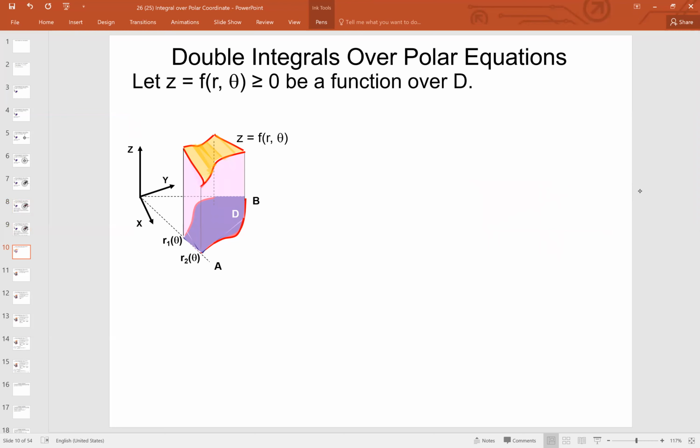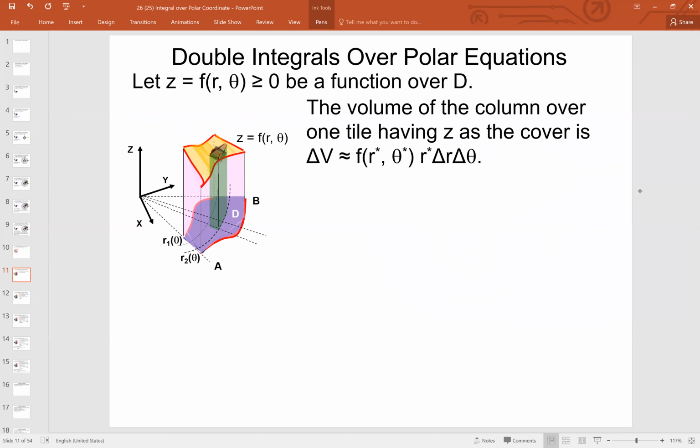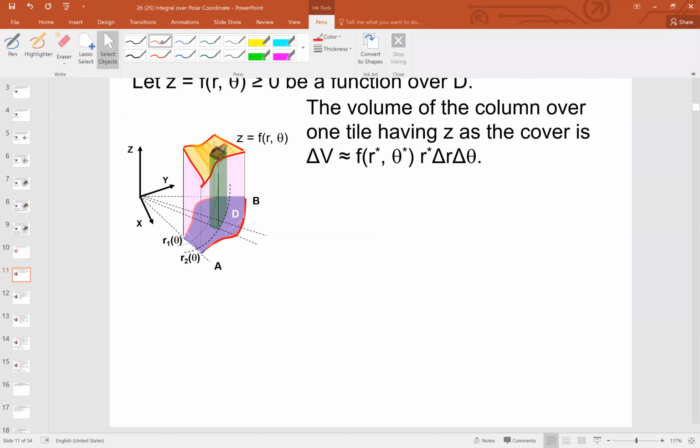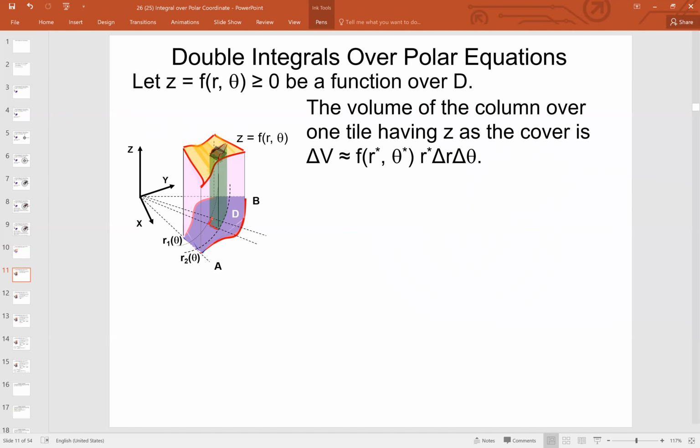So suppose we have a function now defined over the polar plane, the xy plane in polar coordinates, and I want to calculate the volume of the underneath surface. So what we do, we partition the domain into dr d theta, and in particular, let's calculate the volume that sits over one of these little pieces.